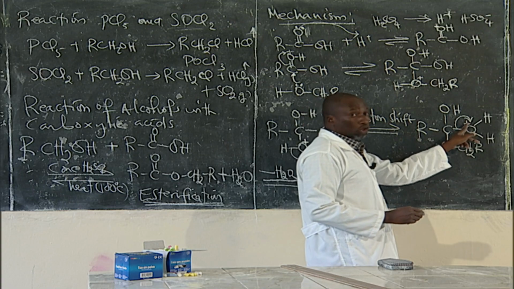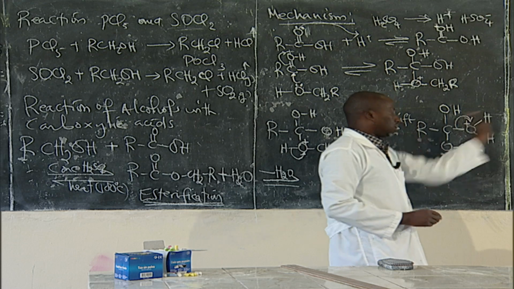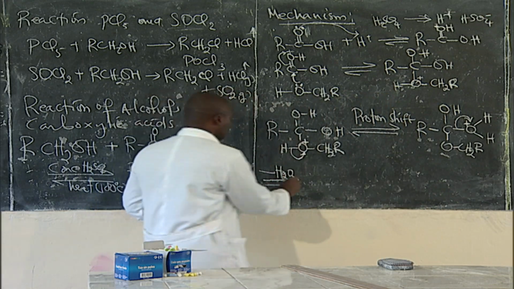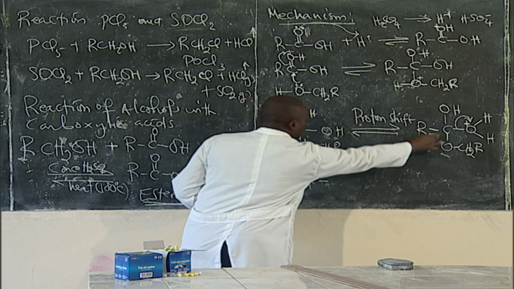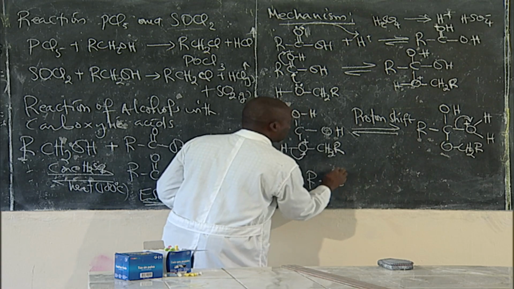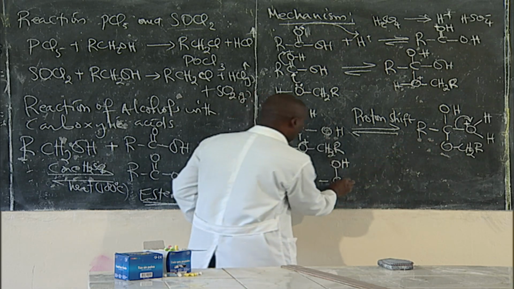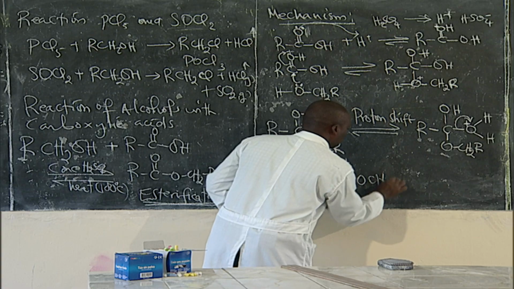So this bond breaks to neutralize that positive charge. Then the water is eliminated. So when the water is eliminated, what remains? Let us see. We have R. Then we have C with OH. Remember, the water has been eliminated. And then we have oxygen, CH2R.